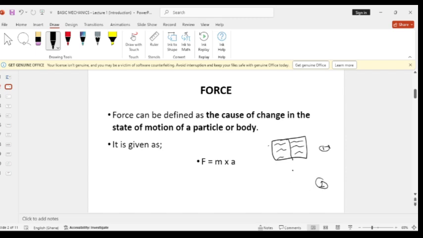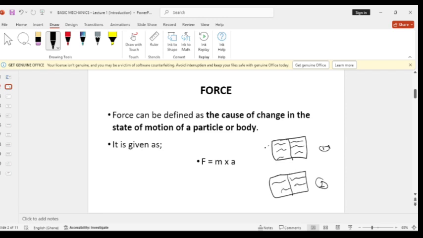That force will be capable of dragging the book from this position to another position, which is here. So that's why we see that a force can be defined as the cause of change in the state of motion of a particle or a body.